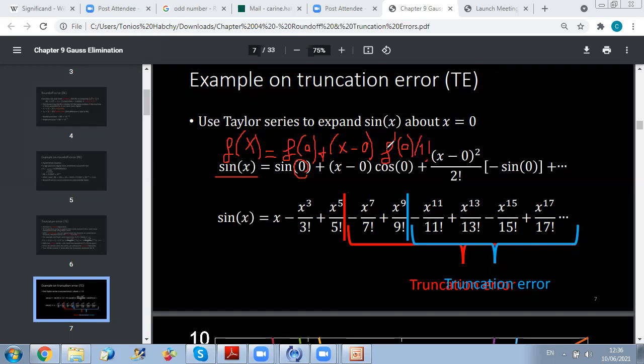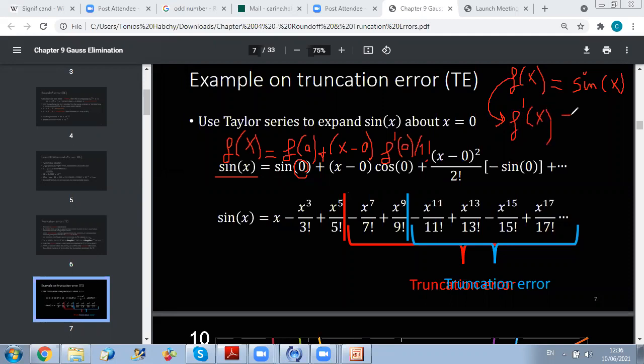Now, what is f prime? We should perform the derivative. So we have f of x equal to sine of x. If we perform a first derivation, we get f prime of x equal to cosine of x.